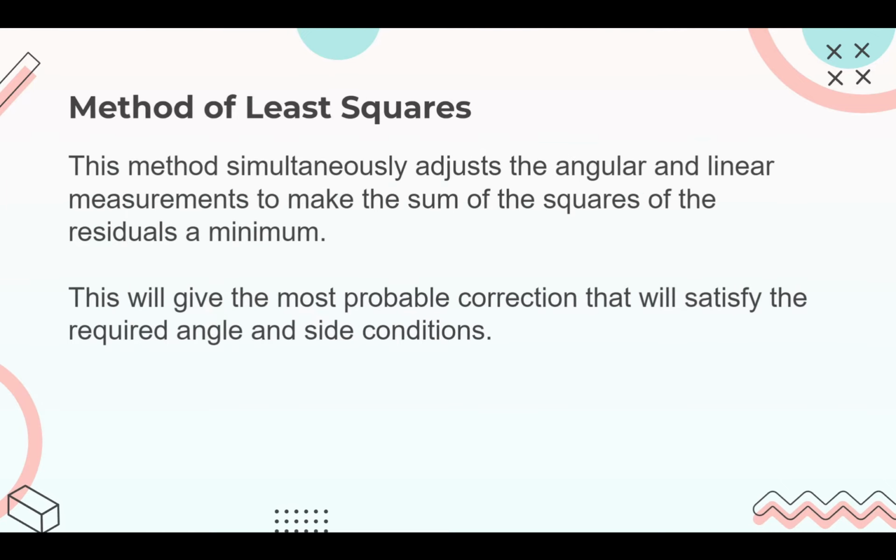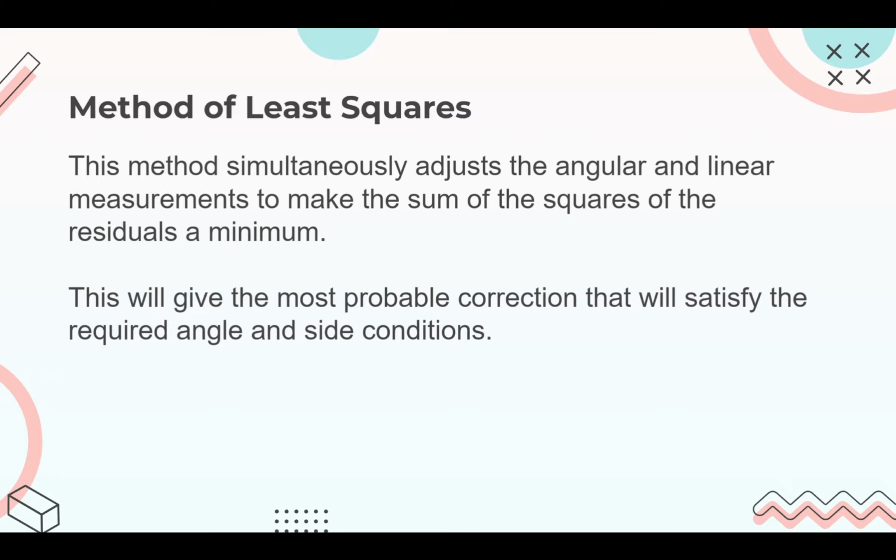So adjustment by least squares is the most frequently used estimation procedure in surveying. This method is based on the theory of probability and is one which simultaneously adjusts the angular and linear measurements to make the sum of the squares of the residuals a minimum.